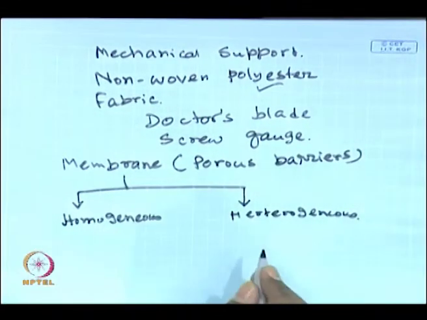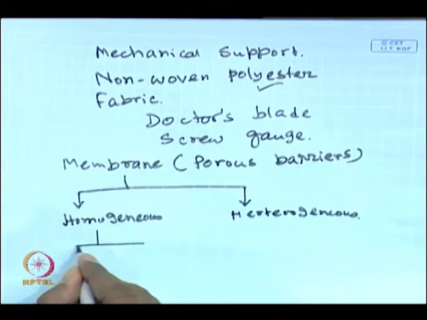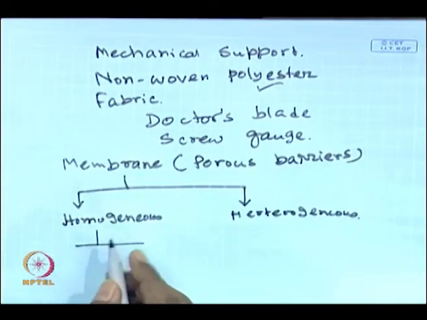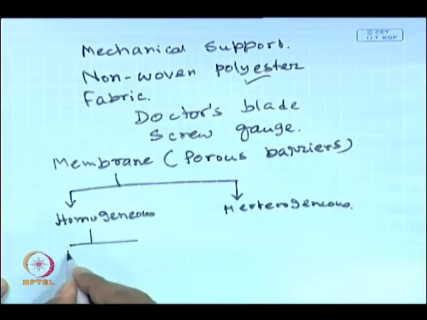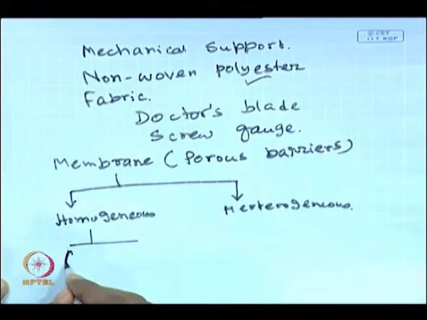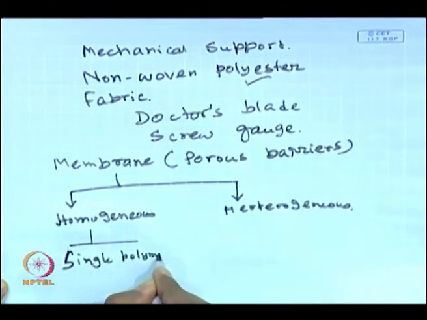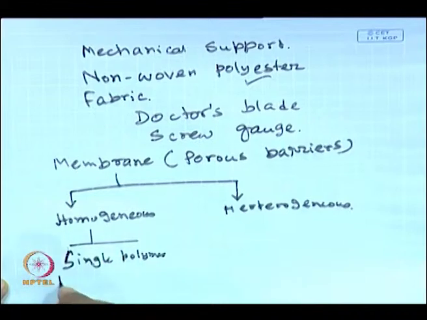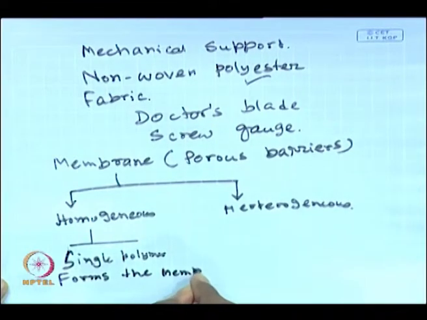Homogeneous is basically where the membrane is of a particular single polymer that forms the membrane.